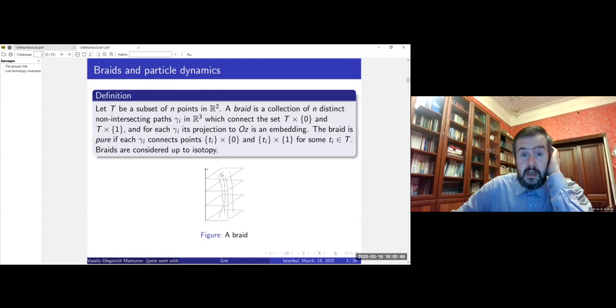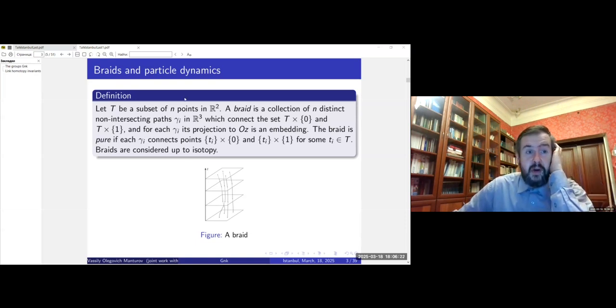Well, one remark: usually people draw braids with top points on a line and bottom points on a line. But we use a slightly unorthodox convention so that we put them not on a line, but we distribute them on a circle, then you will see why.